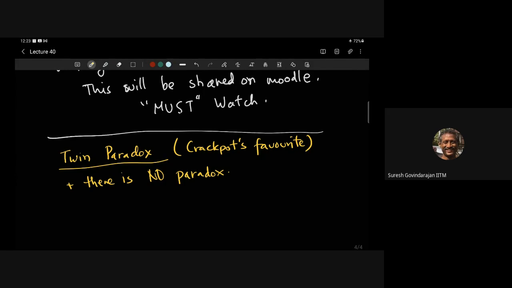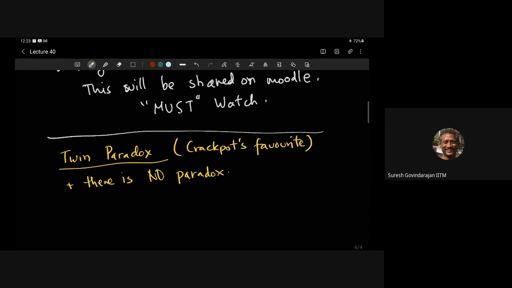From relativity you would say each should see the other as younger, right? This is what I explained to you: if somebody is at rest in some frame A, that person's time duration will get dilated in frame B, but the converse is also true.